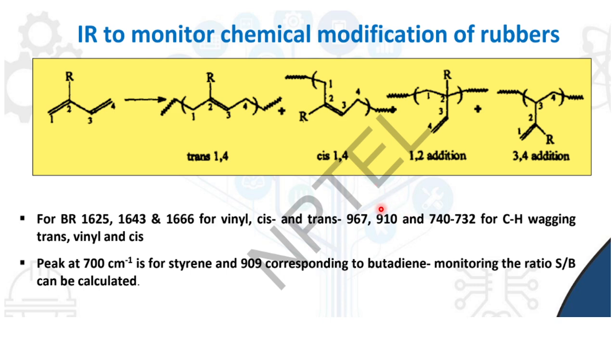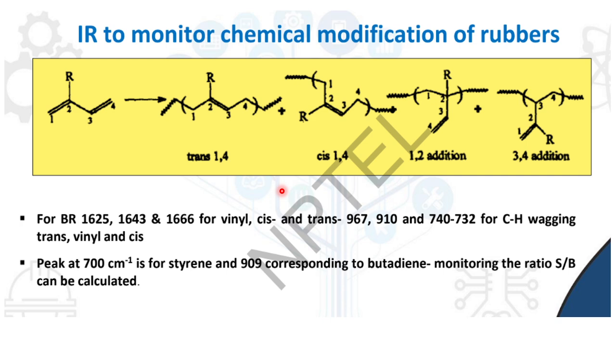The other characteristic peak is the CH wagging, which also has three different positions, 967, 910 and 740 to 738 for trans, vinyl and cis. Because of this structural difference, there is a change in the bond vibration. And for styrene, you will get a very intense characteristic peak around 700 centimeter inverse.